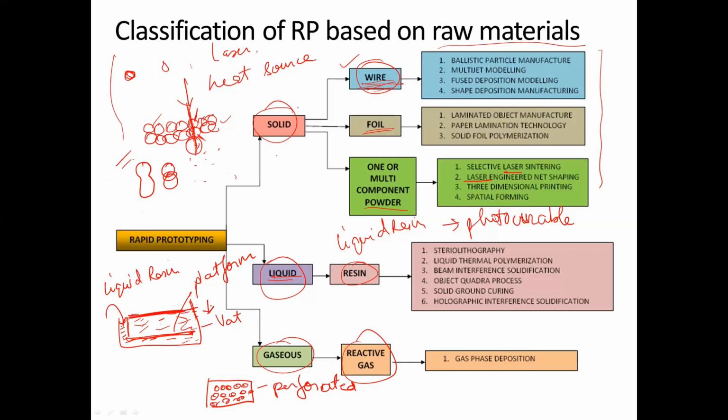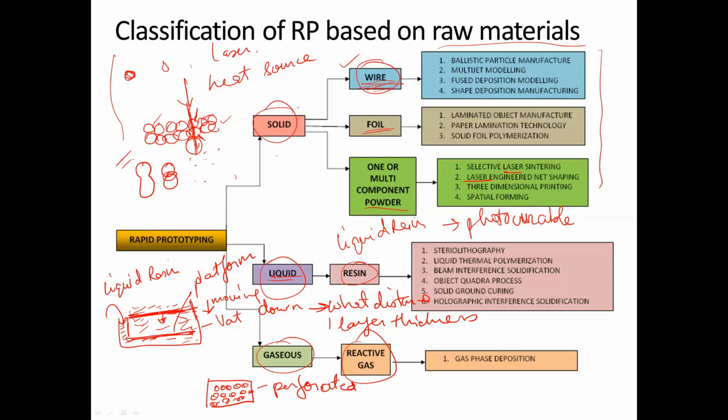That's the basic question. Any guesses? One layer thickness. So the platform always moves down by one layer thickness. Now when this platform moves down by one layer thickness, due to the perforated sheet, liquid comes on top.